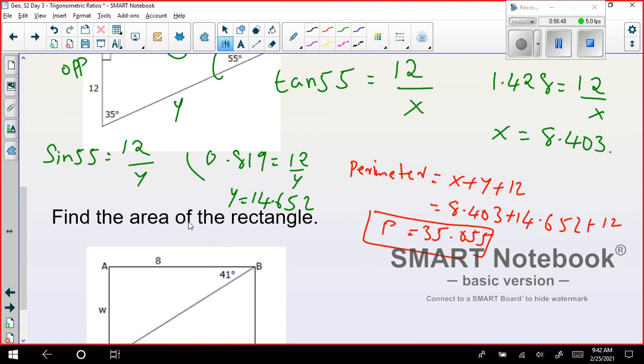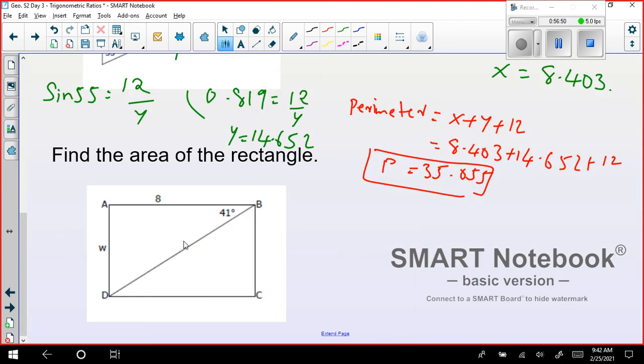At the last one, they were asking us to find the area of this particular rectangle. We need just this one. Area is what? Length times width. Area of a rectangle is length times width. So I know this is 8, but I don't know this value. To find that, we'll use this as the reference angle. With regards to that, W is the opposite and this is the adjacent.